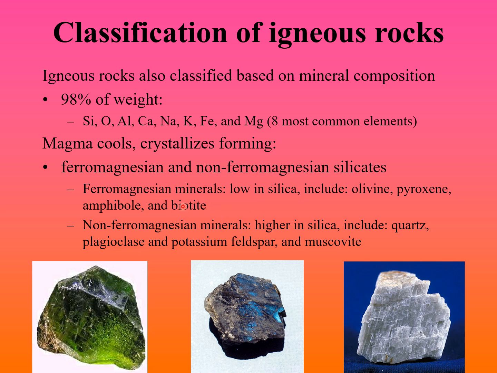So ferromagnesian minerals are low in silica, high in those other 3, and they include olivine, pyroxene, amphibole, and biotite. And these are characteristically darker in color. And then we have the non-ferromagnesian minerals. They're higher in silica and lower in those darker elements. And so they're lighter in color, and they include quartz, plagioclase, which is sodium rich, and potassium feldspar, along with muscovite.